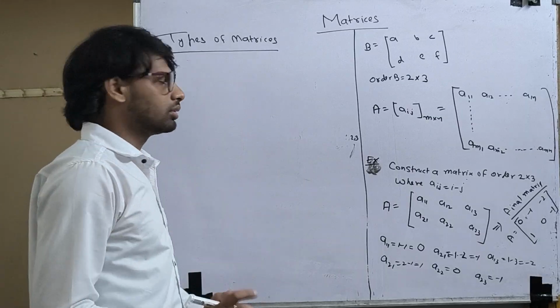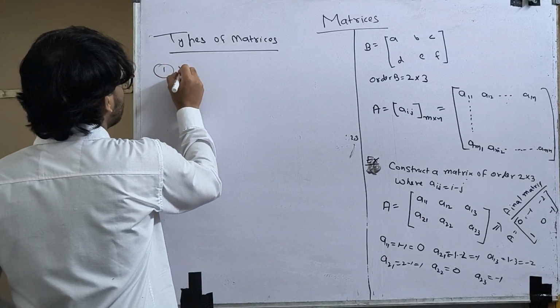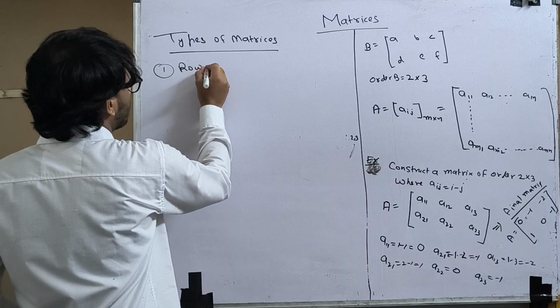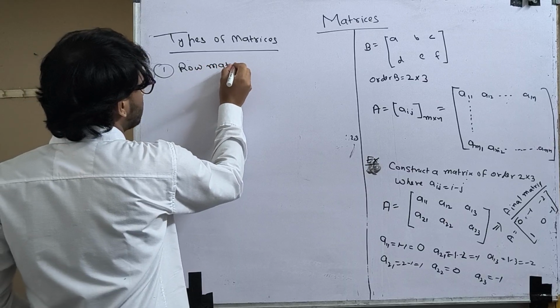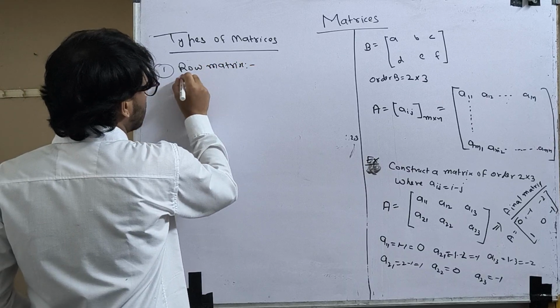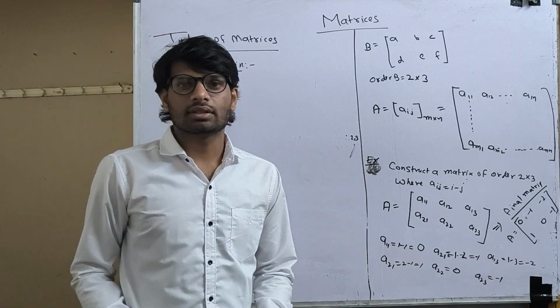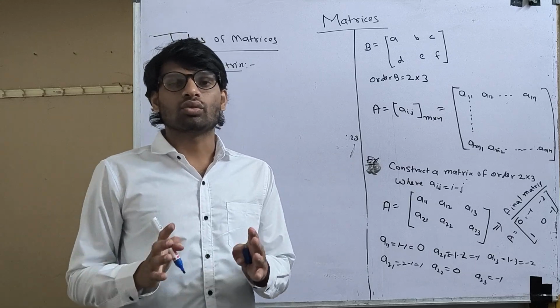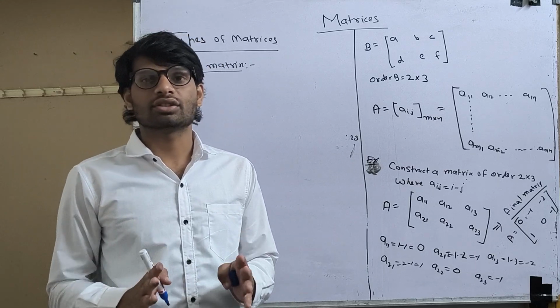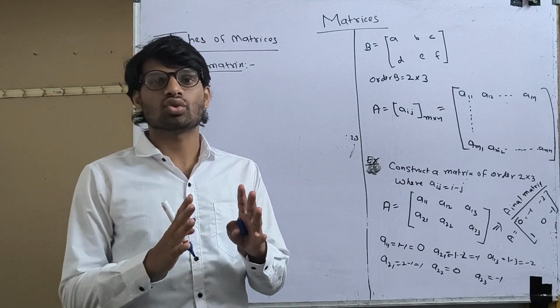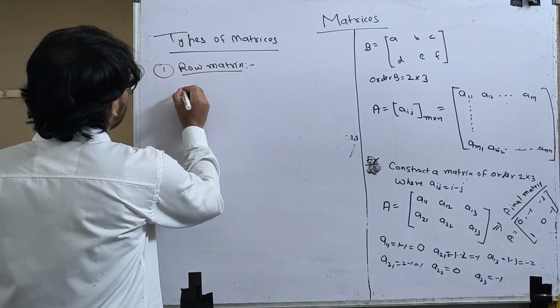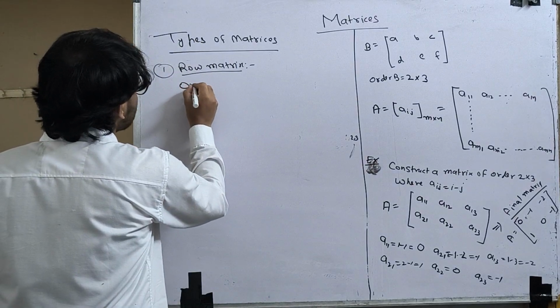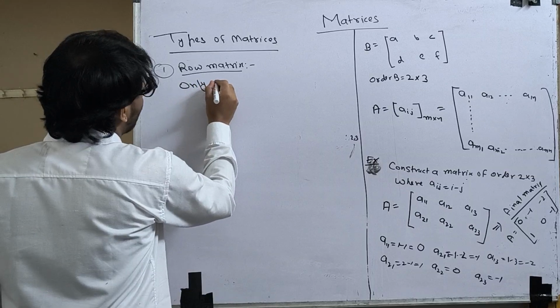What is a row matrix? A matrix having only one row is called a row matrix. The columns can be 1, 2, 3 and so on.